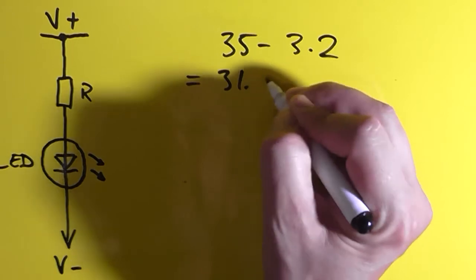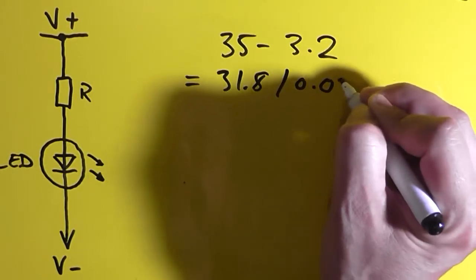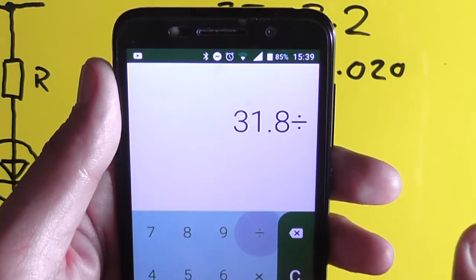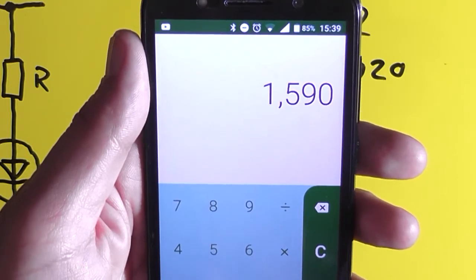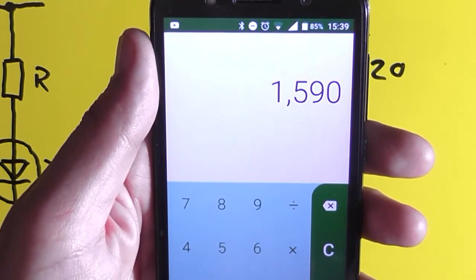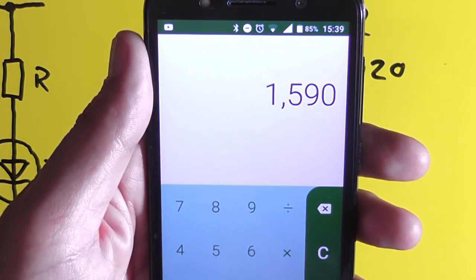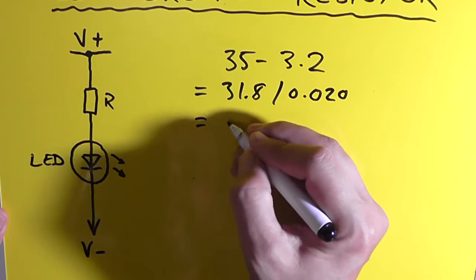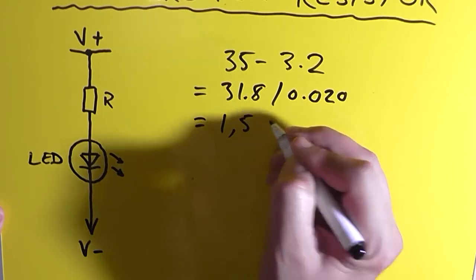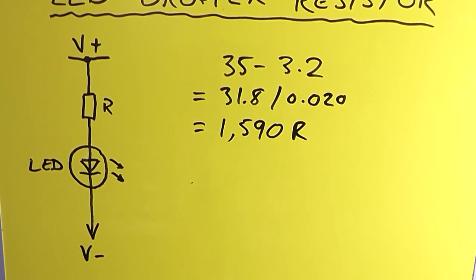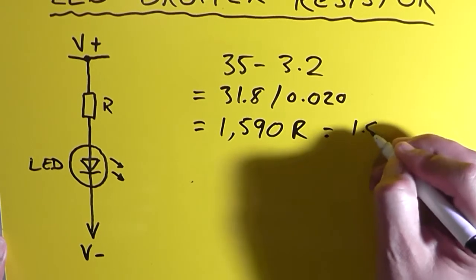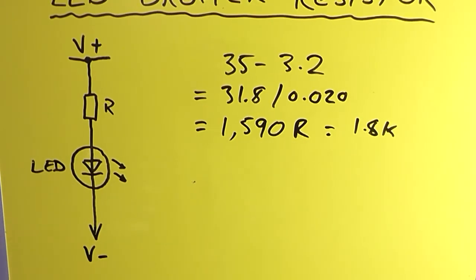So that's going to be 31.8 volts divided by 0.02, which is going to be close to 1.6K, or 1590 ohms. And so we pick a value closest in the available resistance range. So we'd say probably 1.8K would be close enough.